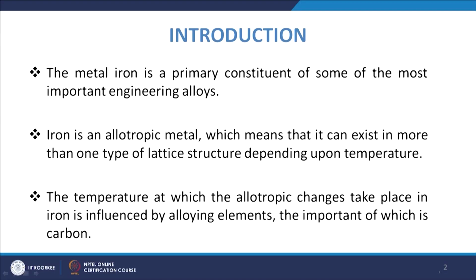Now, if you talk about pure iron, it is an allotropic material. That means it can exist in more than one type of lattice structure depending upon the temperature. If you draw the cooling curve of iron, you will see that at different temperatures you have different types of lattice structure of iron.